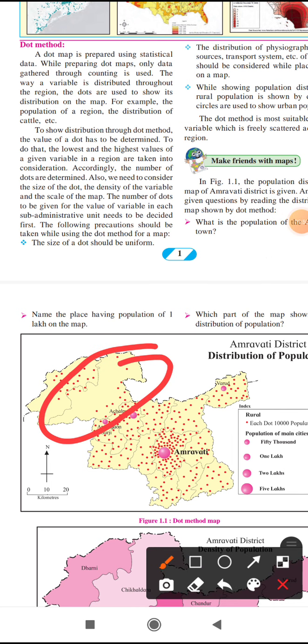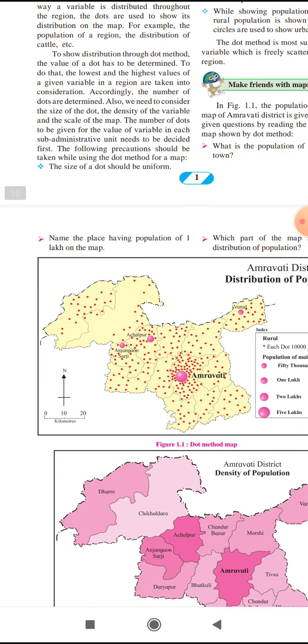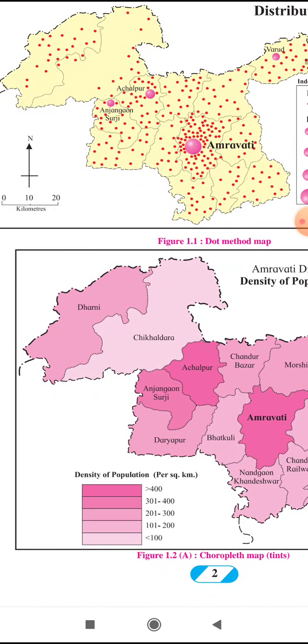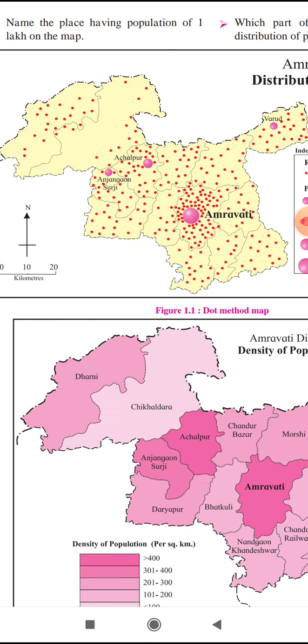In this region the population is sparse. Or otherwise you can also write the name of the taluka: here Chikhaldara. In Chikhaldara taluka the population is sparse.